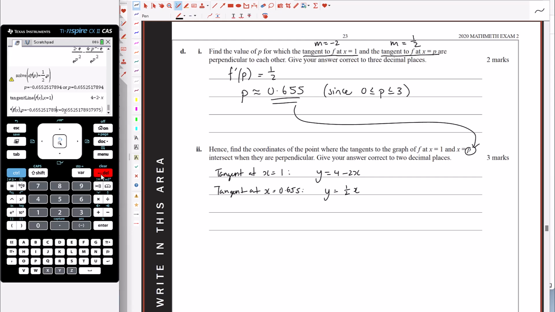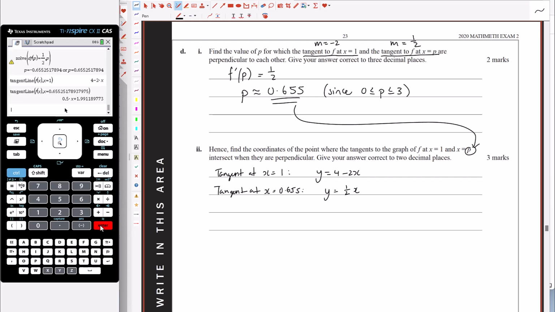I'm going to get rid of that solution that we don't want. Okay, so you can see that's actually accurate enough that it has told me it's 0.5. So it's going to be 1/2 x plus 1.991.